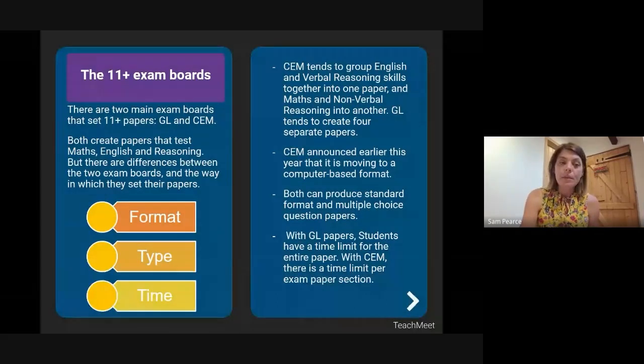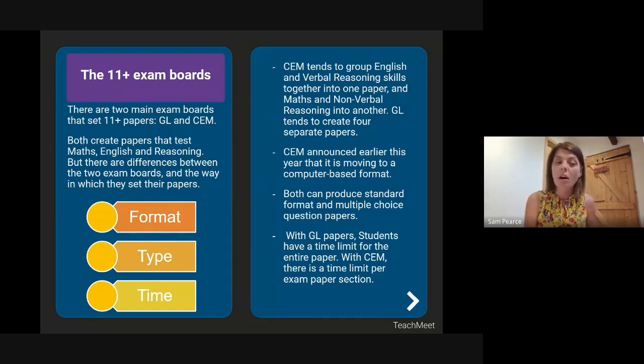So the exam boards, as we spoke about, there are 2 key exam boards that set papers for the 11+, and these are the GL and the CEM. Both of them can create papers that test on all of the subject areas. And there are differences between the 2 exam boards and the way in which they set their papers. And those differences really focus on the format of the papers, the type of questioning that they used, and also the time allowance that they give for students to respond to the questions on their exam papers.